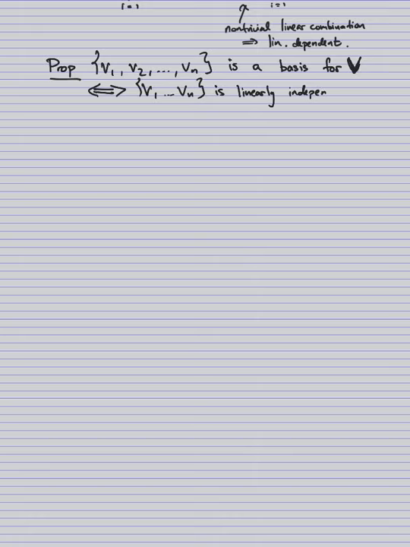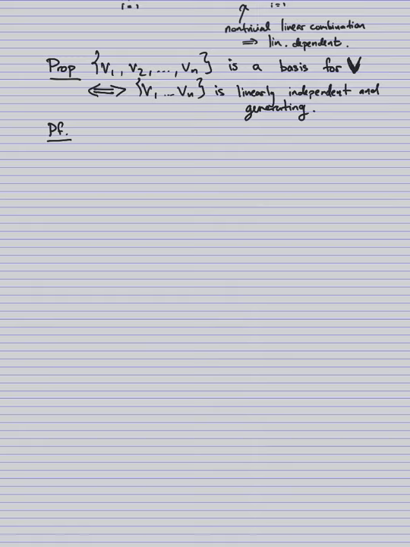So the proposition is that v1 up through vn is a basis for V if and only if v1 up through vn is linearly independent and generating. Okay, so let me prove this.